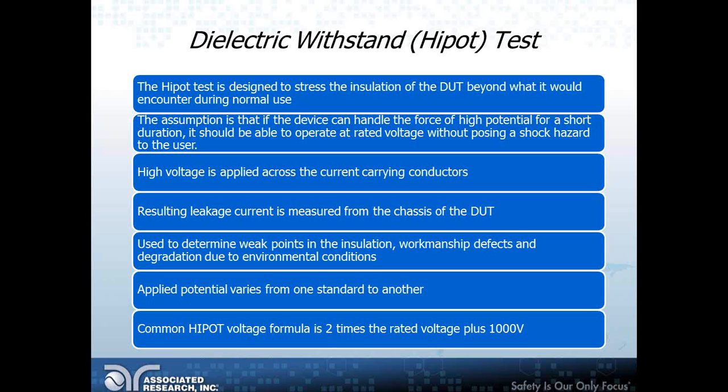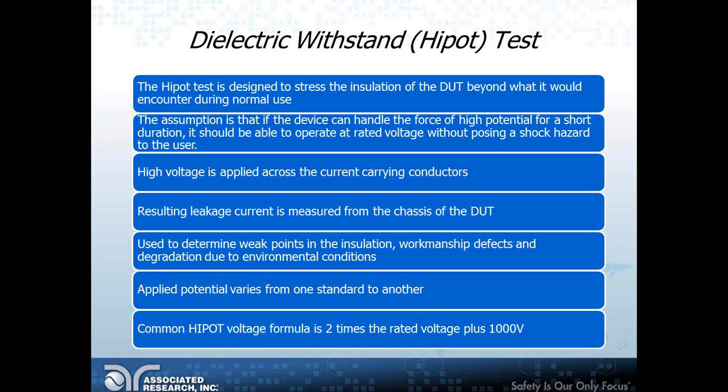So back to our common electrical safety tests. We're going to start with the dielectric withstand, or the Hipot test. The Hipot test is run to stress the insulation of a product under test.